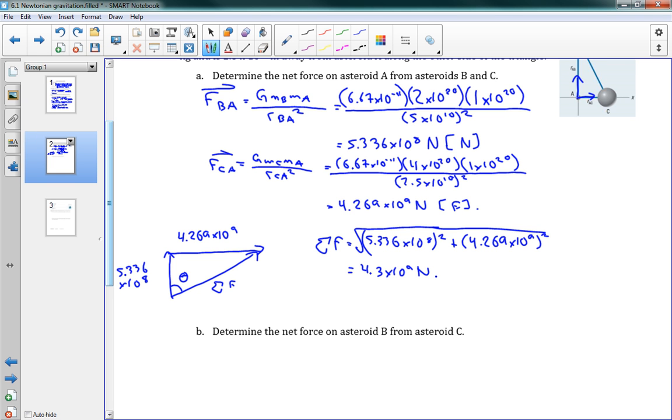Great. And we need to get our angle. Theta is the tan inverse of, so we want the opposite, 4.269 times 10 to the 9 over 5.336 times 10 to the 8. And this gives us a theta value of 83 degrees.